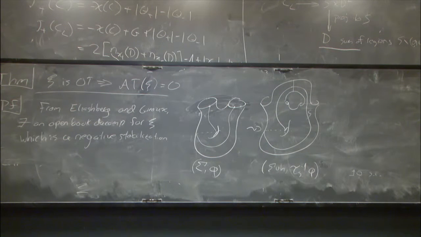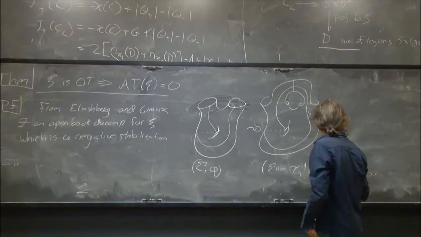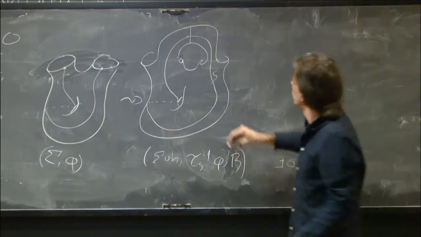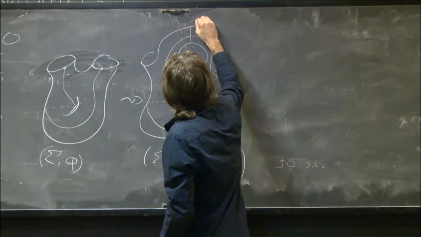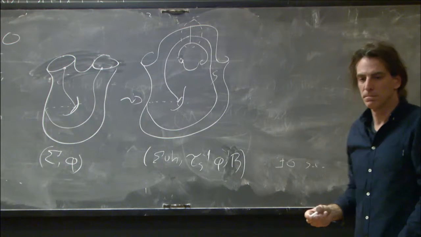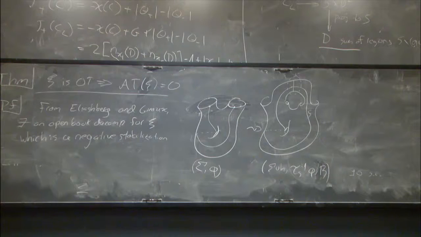So I have an open book decomposition of this type, and I can choose a basis on it, which then includes the co-core of the handle that I added on. Yeah? Why do you need Eliashberg to get this? I guess you don't. Well, no, you need to know that each homotopy class has a unique over-twisted structure in it.